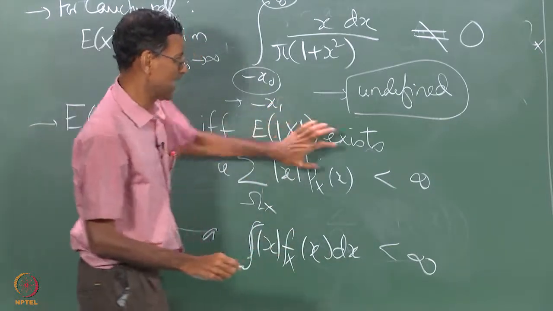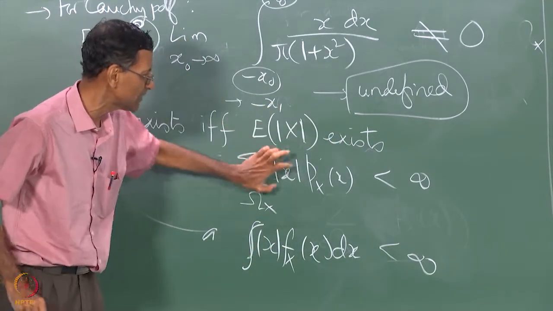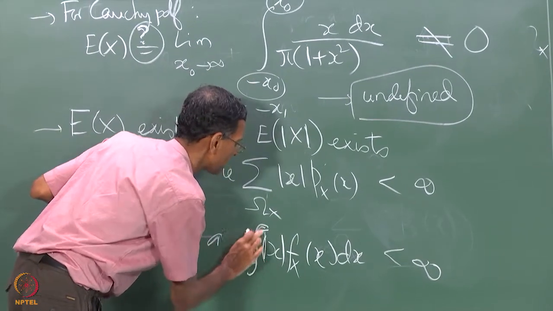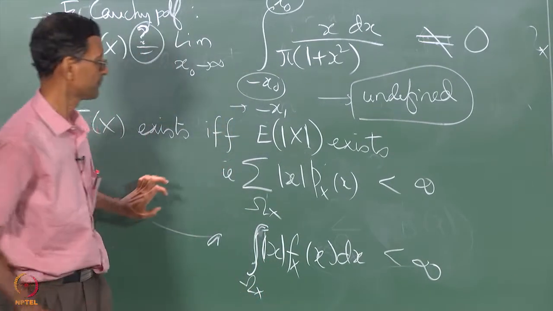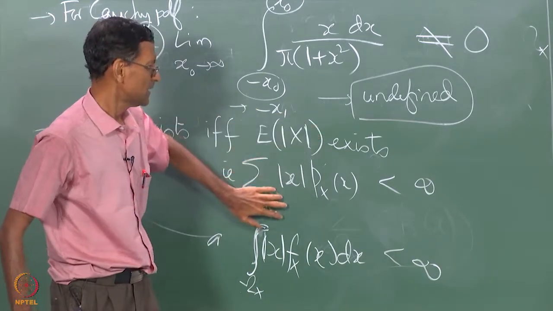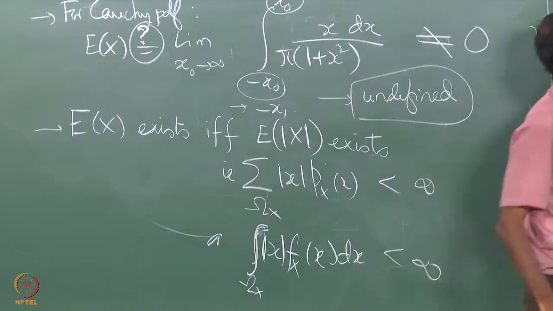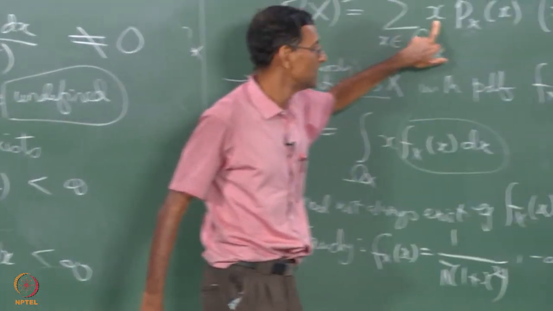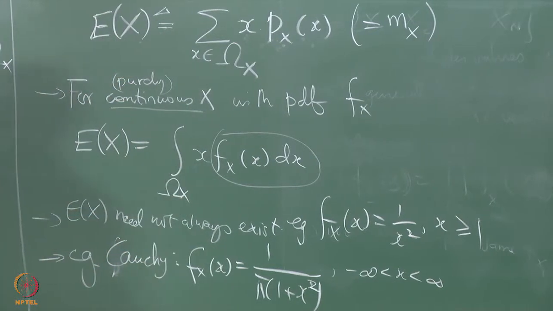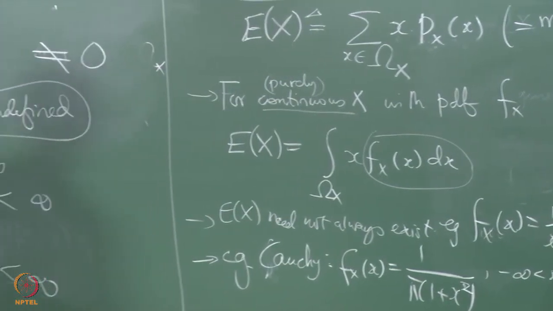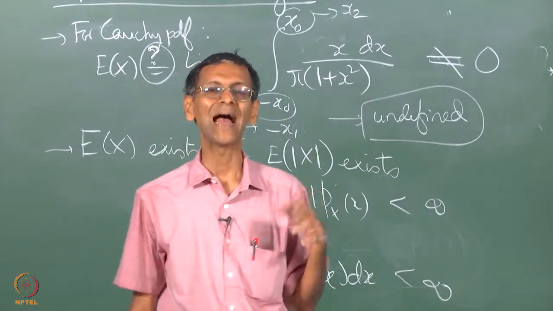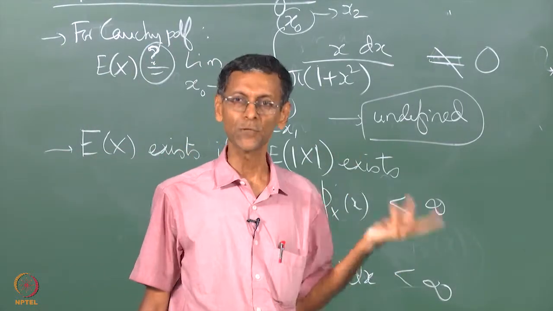Forget about the mod x notation for a second, just think of this and this. In this definition just replace x by mod x, and in this definition also replace x by mod x. So the condition for this E of x to exist is that the corresponding sum or integral be absolutely summable or absolutely integrable.